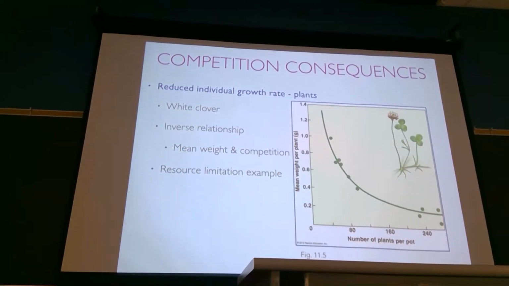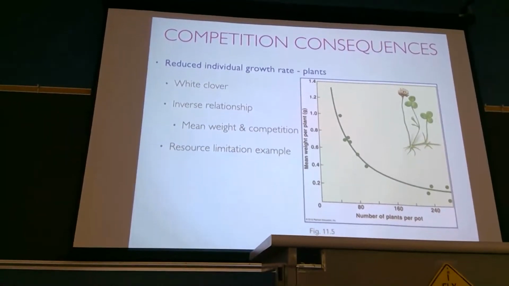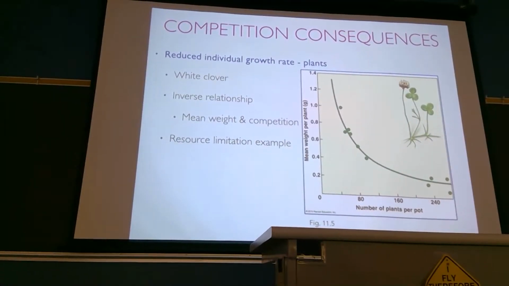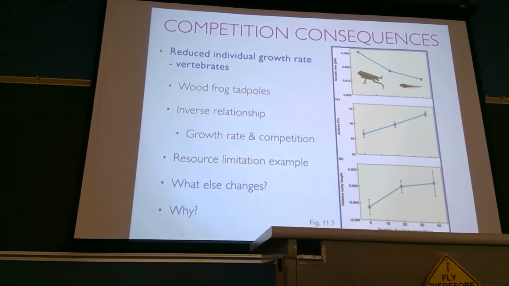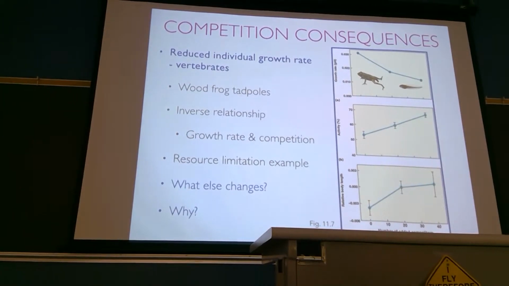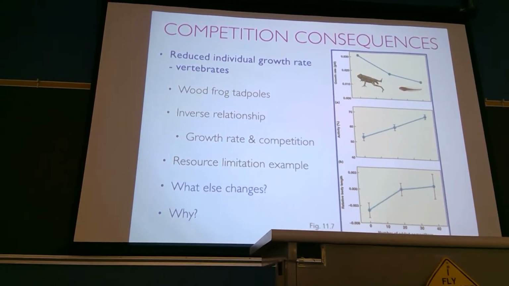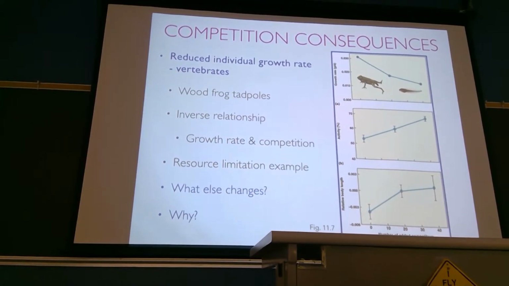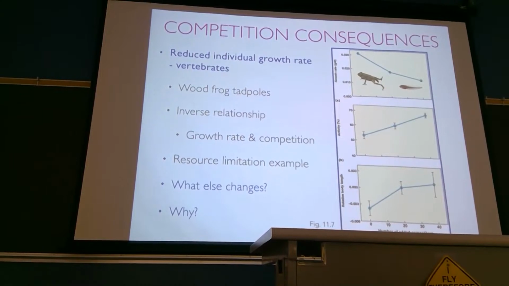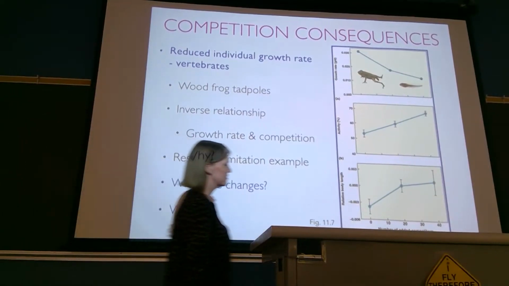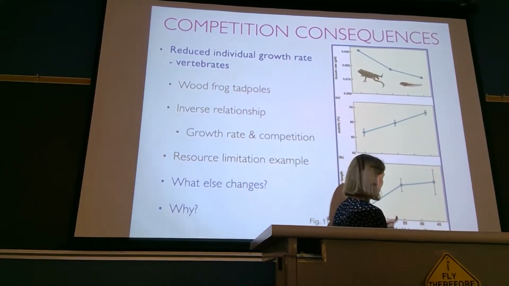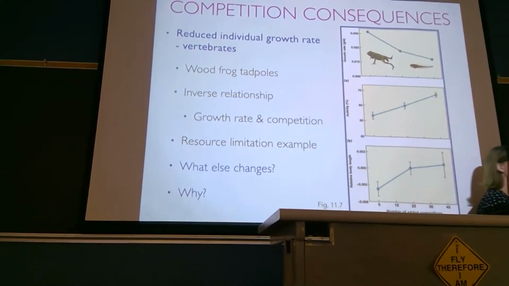My next example shows the same types of growth rates. Hopefully it's steelhead trout. Nope, we're going to talk about tadpoles first. Here we have tadpoles, our baby amphibians, and we place them at different densities. They had little ponds that had 10, 20, or 40 tadpoles in them.